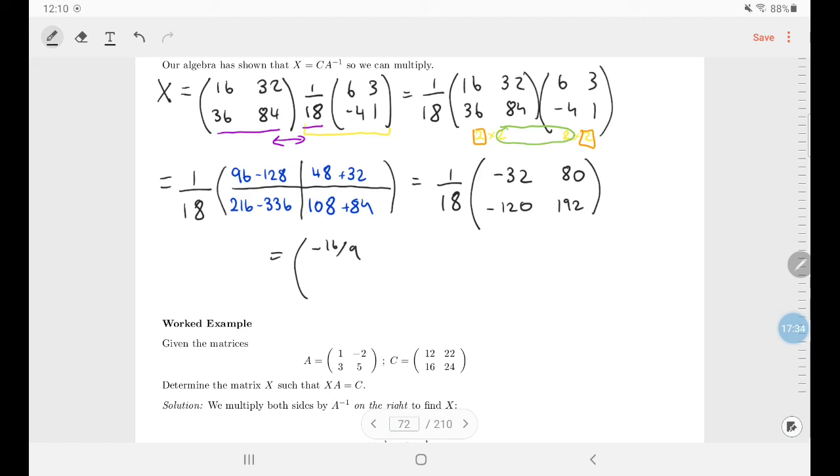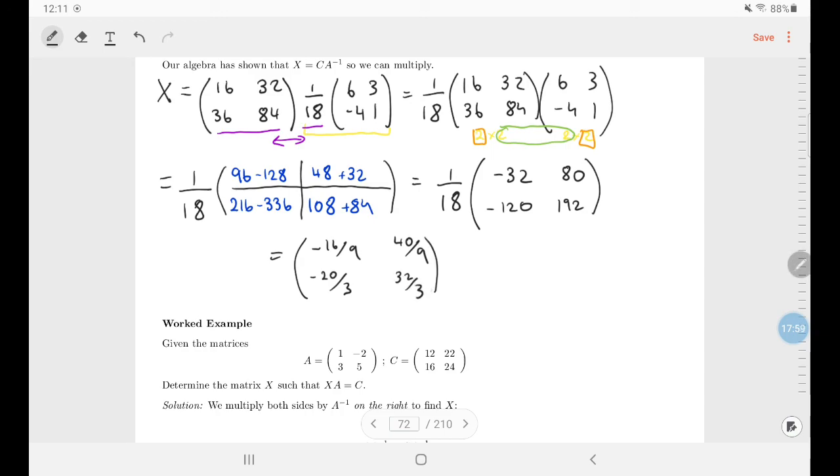The 1/18 by 80 will give you 40 over 9. The minus 120 by 1/18 will give you minus 60 over 9, which you can simplify to minus 20 over 3. And the 192 divided by 18, I will use the calculator. I get 32 over 3.